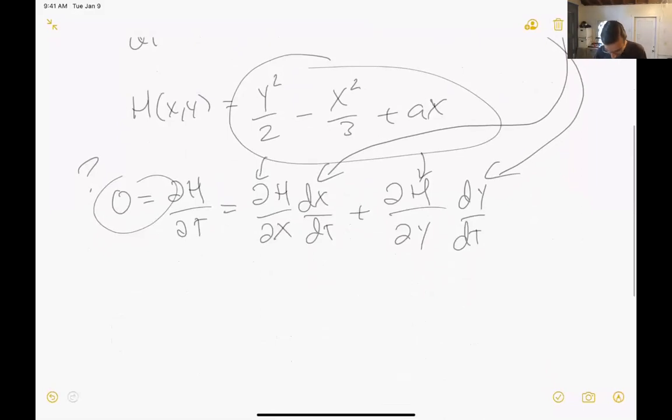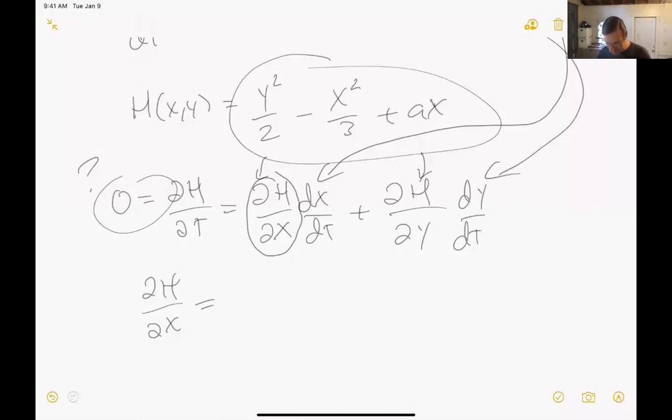So the partial of H with respect to x, let's do that first. That's this piece of the puzzle. Just look at H and just yell it out, or I'll just do it, because I trust you can all take the partial with respect to x of a function. So we differentiate y squared over 2 with respect to x, we get 0.